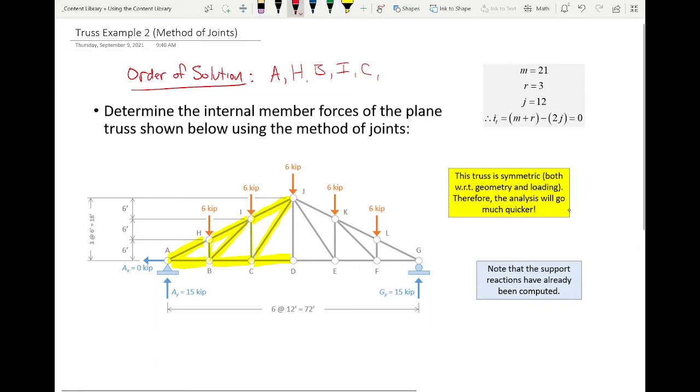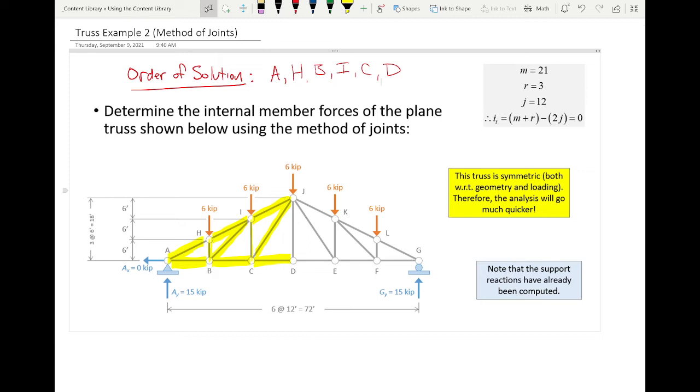Oh, I need to write that here. All right. So what we're going to do is follow this strategy, and we're just going to start knocking these things out. Now, before we do that, though, let's do some slope ratios. What's the slope ratio of these upper diagonals? Does anybody know what these are? 6 over 12.